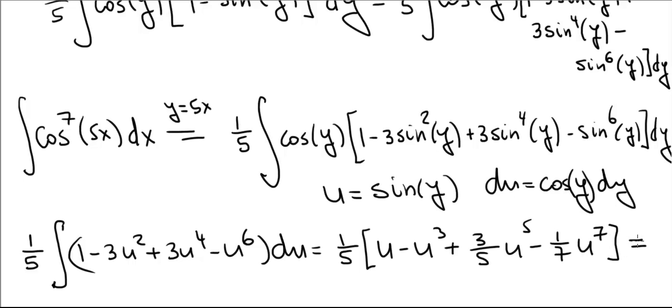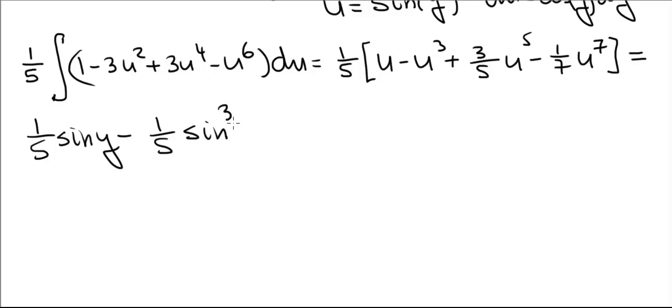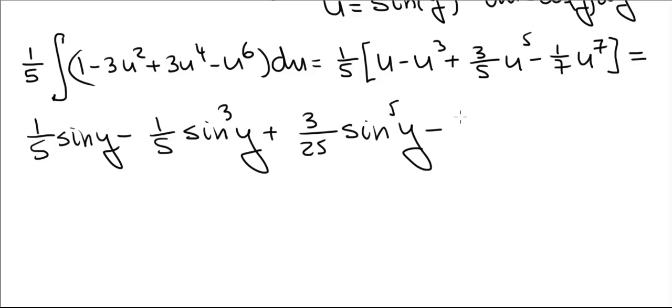Replacing u with sine y and multiplying through by 1/5, we have 1/5 sine of y minus 1/5 sine cubed of y plus 3 over 25 sine to the 5th of y minus 1 over 35 sine to the 7th of y. We can add a c here.